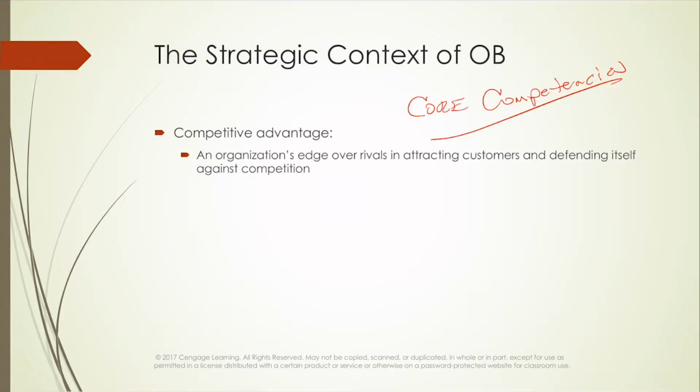Now, when you do it better than your rivals and you do it consistently, that means you have a competitive advantage over your rivals. That means they can't touch you. So, gaining a competitive advantage over your rivals, well, that's what we're looking for in business. Now, how do we do that? Sources of competitive advantage.